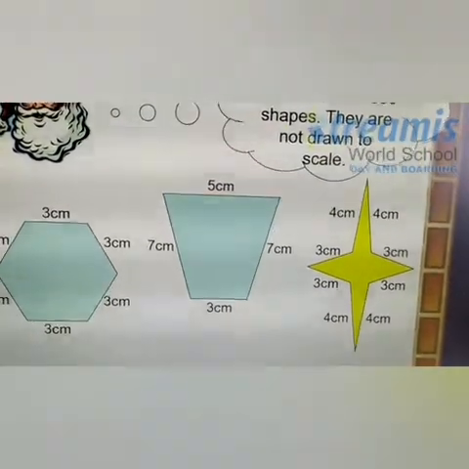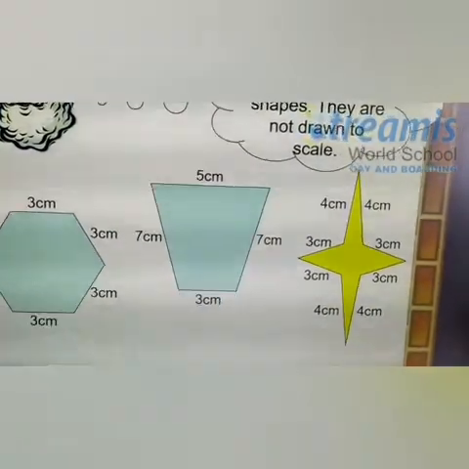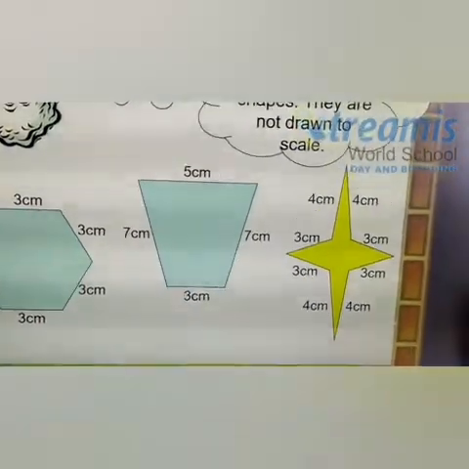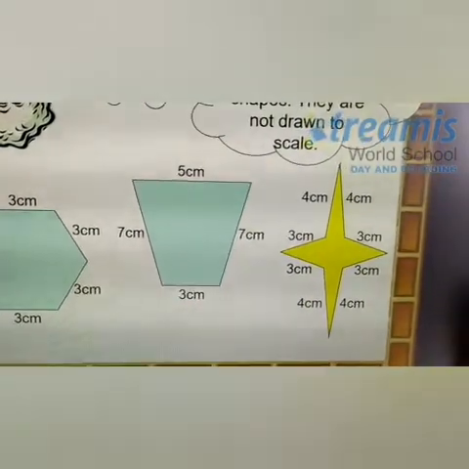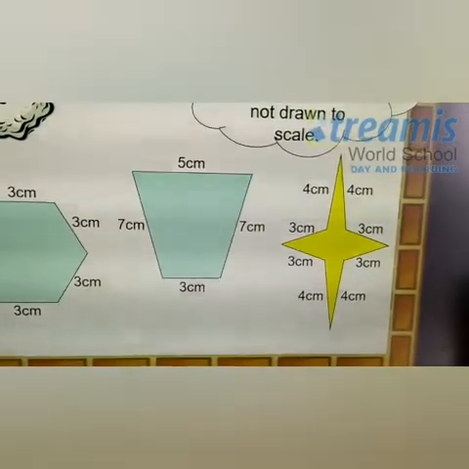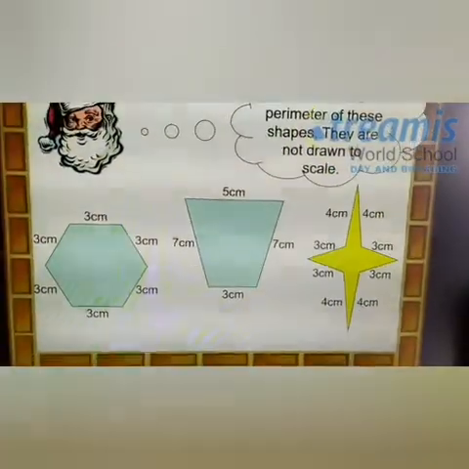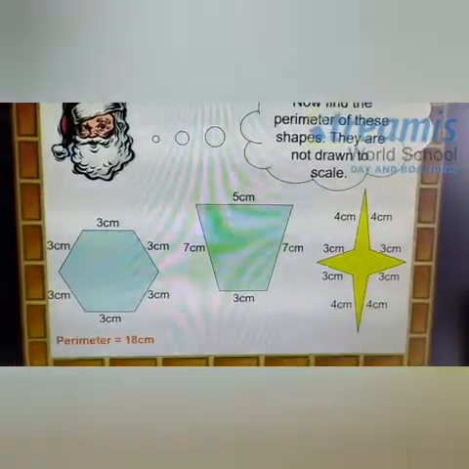If I start from the 4 centimeters here, 4 plus 4, 8 centimeters, 3 plus 3, 6 centimeters, 8 plus 6, 14, plus 8, 22, plus 6, 28 centimeters. This is how we find the perimeter of all the figures.